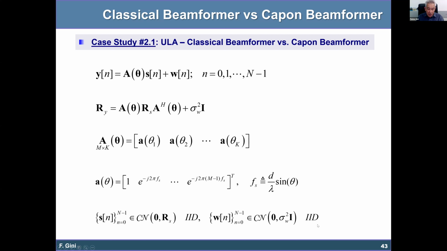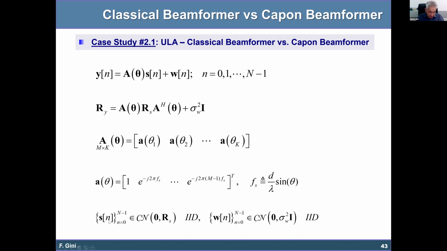And the same for the noise. So if they are independent, it means that they are temporally white. If the covariance matrix is proportional to the identity matrix, the noise samples are not only temporally white, but we are assuming that they are also spatially white. Okay.